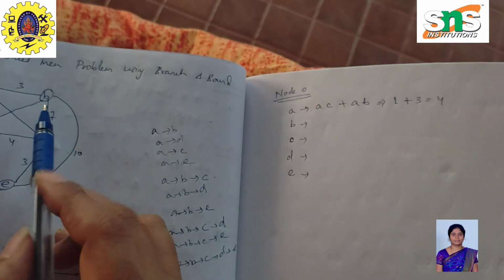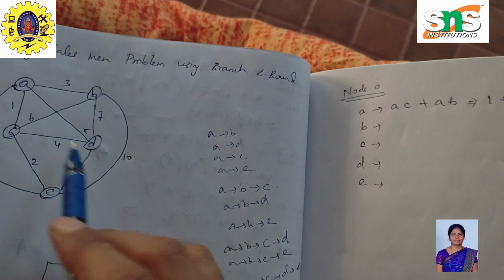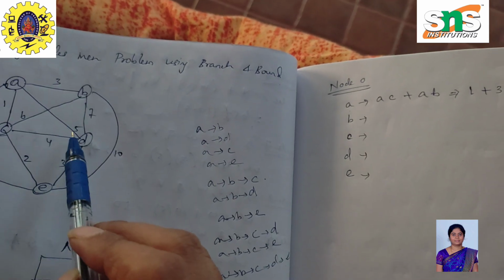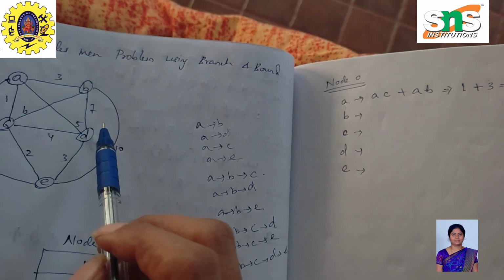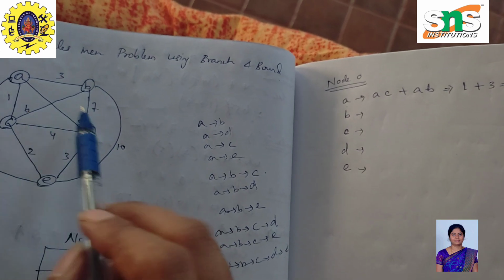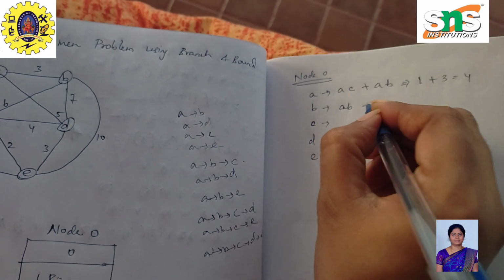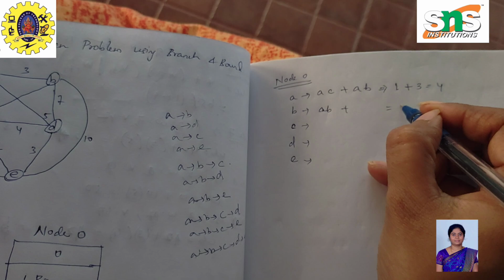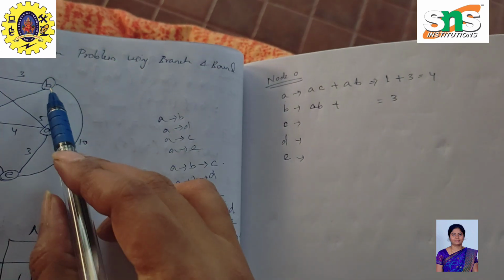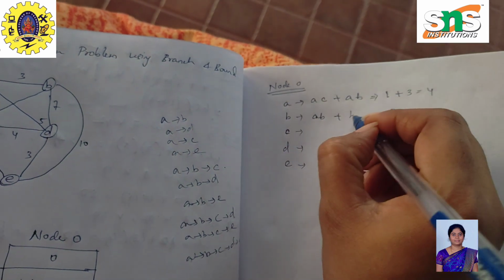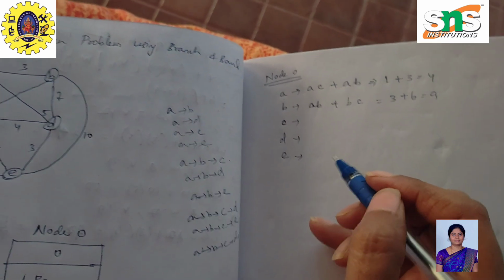Next, for B we have adjacent nodes A, C, D and E. Among these the minimum values are 3 and 6: A to B is 3 and B to C is 6, so the value is 9.